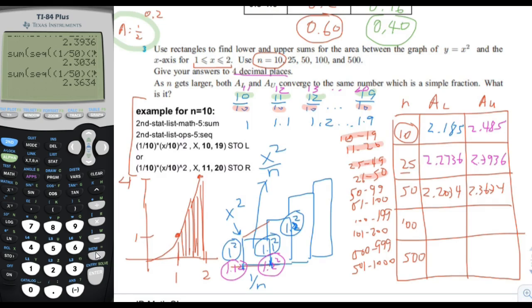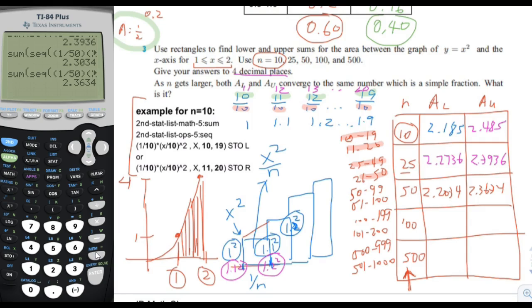Basically, what we want is to generate numbers between 1 and 2, but we want decimal numbers. But the calculator cannot generate decimal counters. It can only do a whole number counter. So you have to figure out what whole numbers you want and what denominator you need. And the denominator is the n value, so the denominator is already determined.